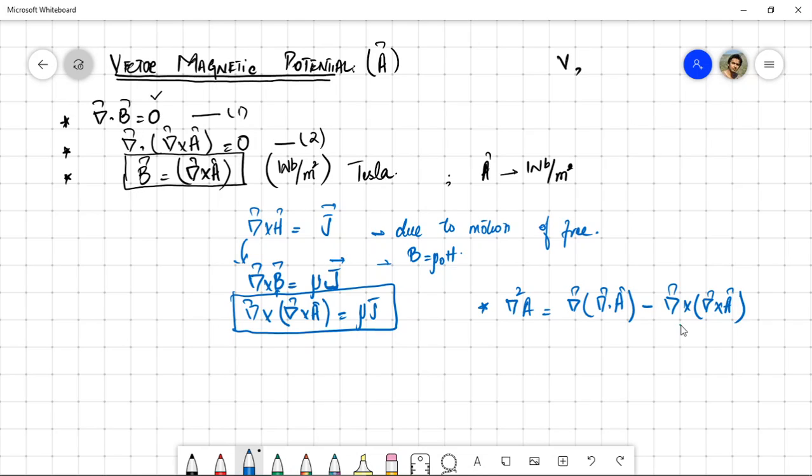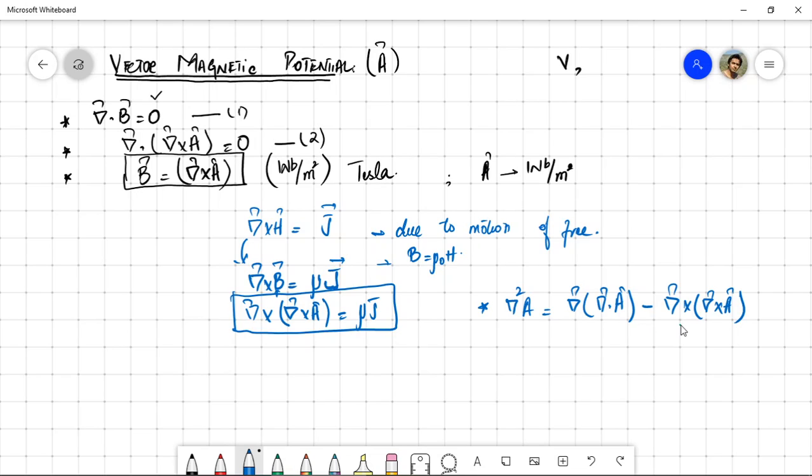How can we do that? We can take this part of the equation to the left hand side, and this part to the right hand side, and we will have the value of nabla cross nabla cross A in terms of nabla square A and nabla into nabla dot A.